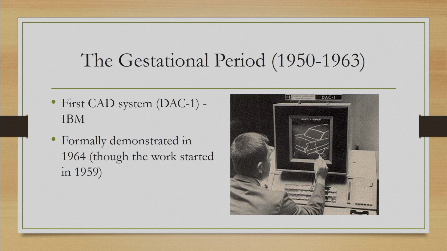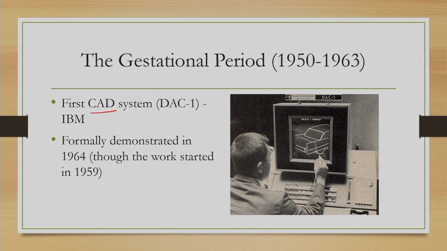IBM also developed the first CAD or computer aided design system. Recollect from our previous lecture, these systems are meant for helping engineers create mechanical drawings and test various things without actually requiring to build the system. And in the gestational period, IBM came up with this first CAD system in 1964, although the work started in 1959.